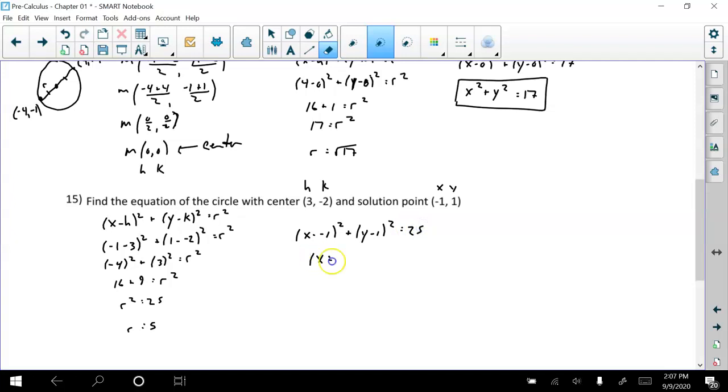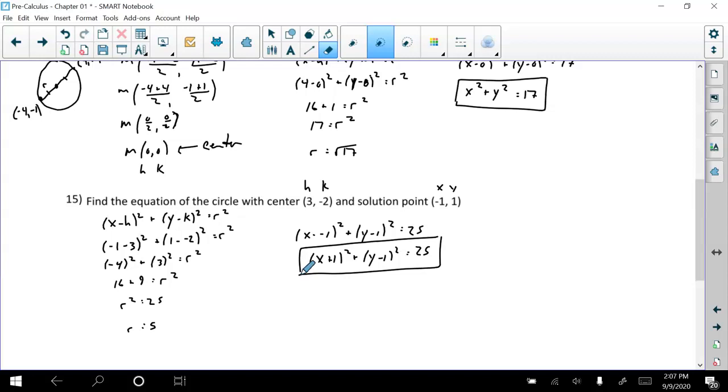So that's x plus 1 squared plus y minus 1 squared equals 25. And that's the equation of that circle. Only difference there was before it said a point on the circle. Here it said solution point, same thing.